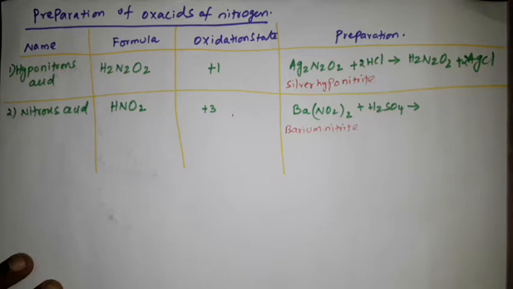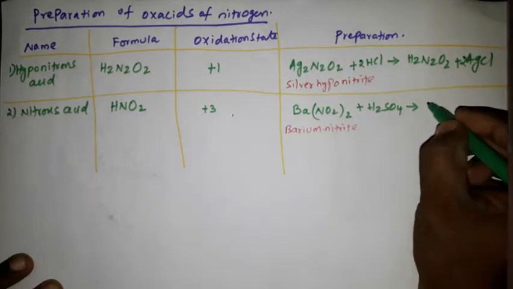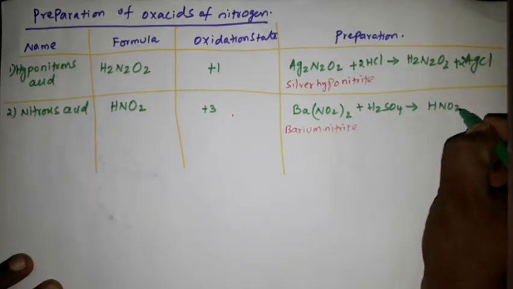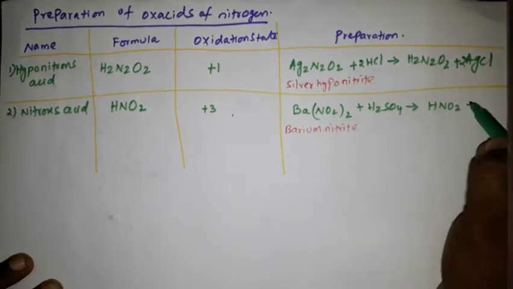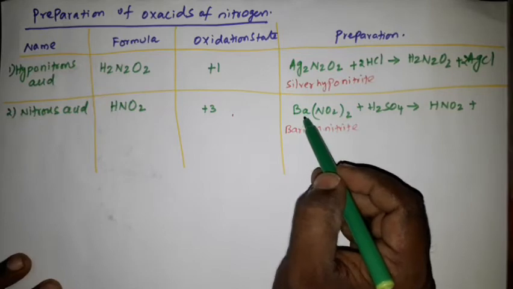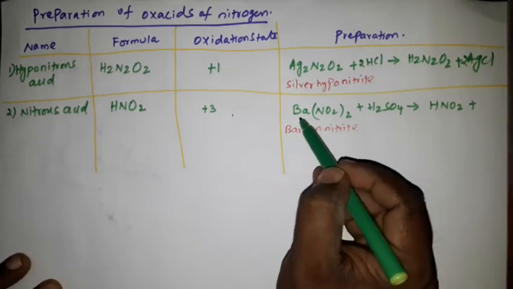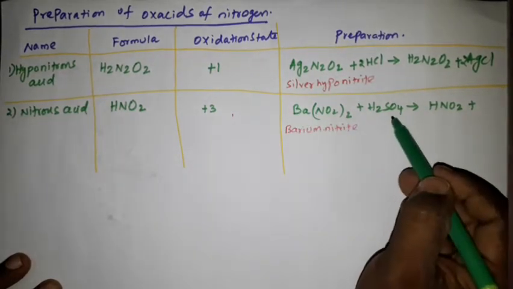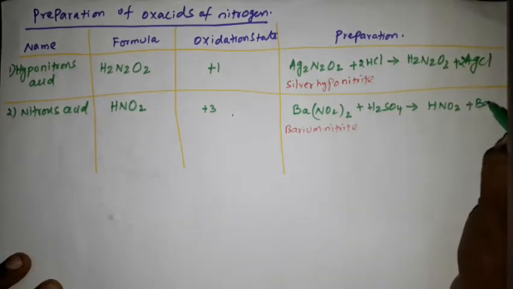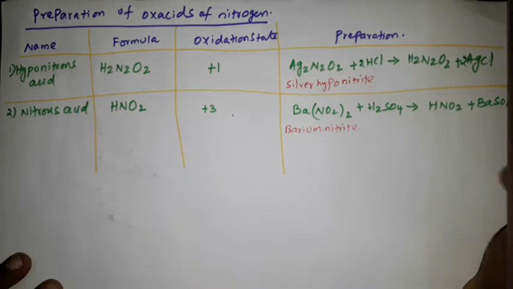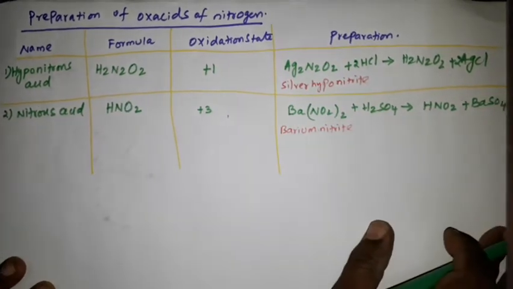We will get nitrous acid, HNO2. Then, instead of barium you will get hydrogen. The barium and the sulfate ion are remaining, so together we will get barium sulfate.